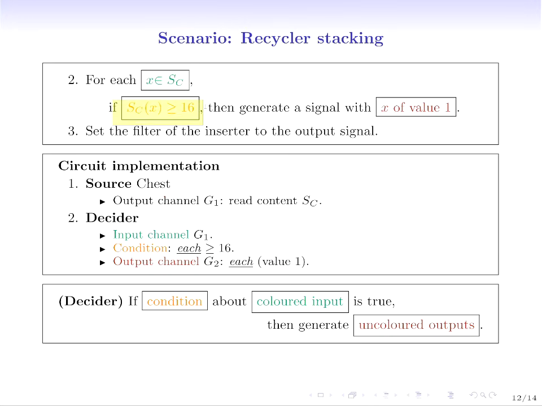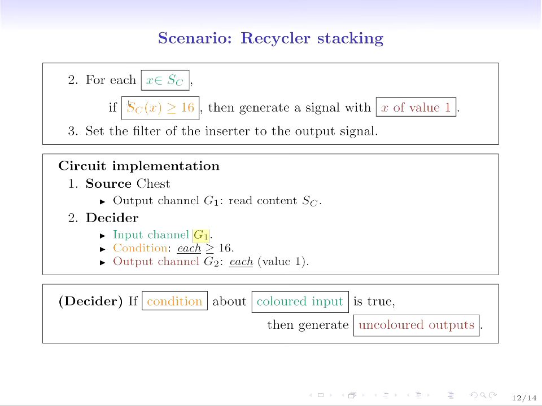Next, I have a condition I want to check and make an output from the condition, which means I need a decider combinator. And remember, the decider needs a condition, colored input, and then uncolored output. For the input, we take the content of the chest, which is with the channel G1.